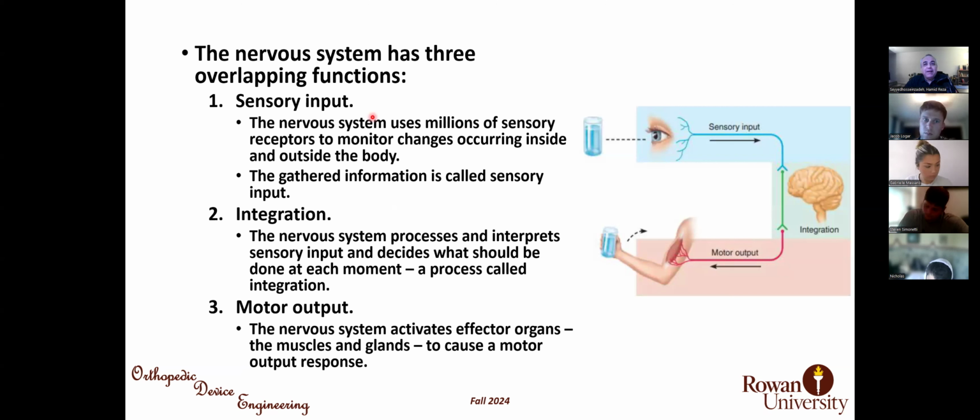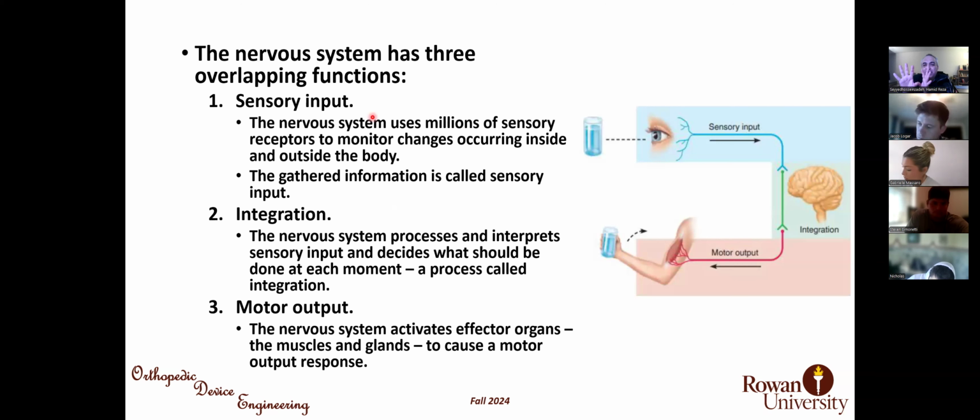But now we will have a brief review of the structure of the nervous system and briefly how it works. The nervous system has three connected sections. The first one is the receiver or the sensory input. This part is the interface between our body or our nervous system and the environment.